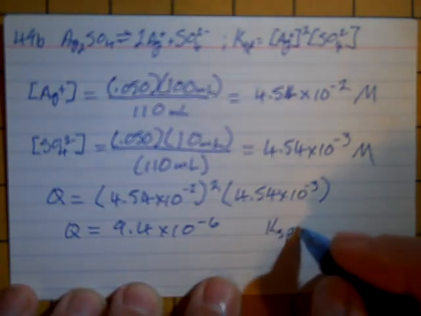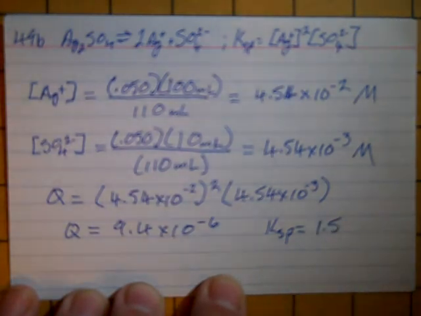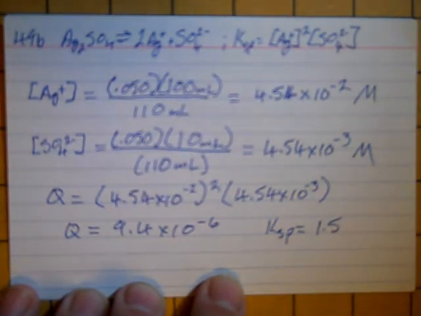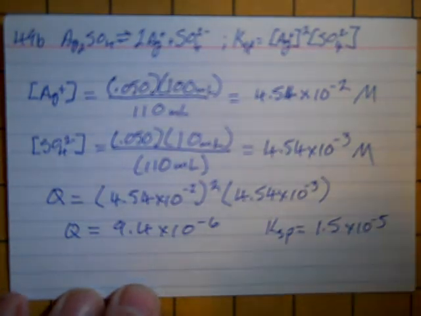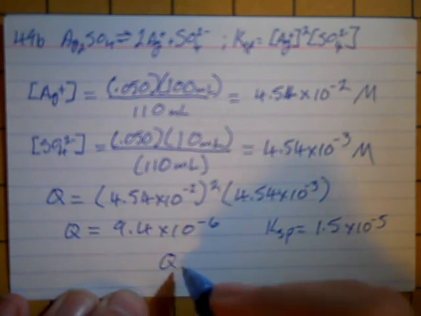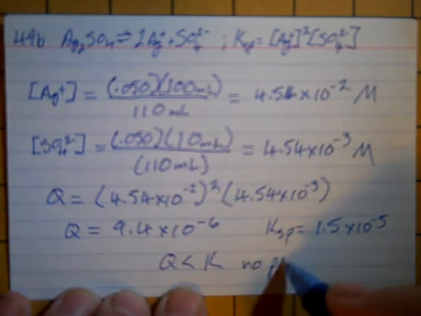Ksp for silver sulfate equals 1.5 times 10 to the minus 5. So once again, Q is less than K, no precipitate forms.